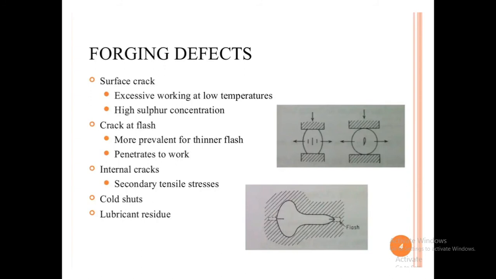If we consider a closed die in a forging operation, and in the closed die the material is not properly placed, or in one place the amount of material is high and in another place the amount of material is less, then at that time also defects will arise, and it is also called a cold shut.